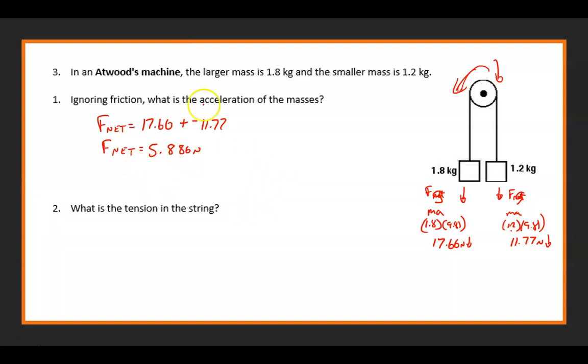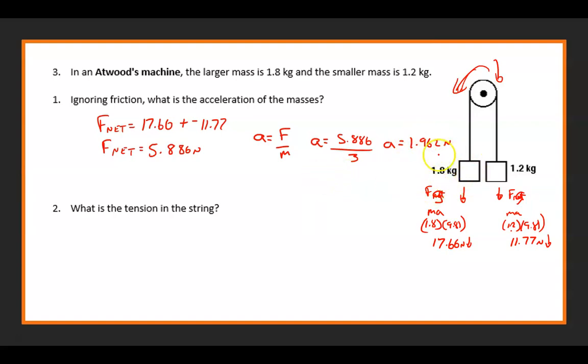Well, to find the acceleration, we've got the net force, and the total mass here is 3. So to find the acceleration, it's just force divided by mass, or 5.886 divided by 3. That gets you an acceleration of 1.962 newtons.